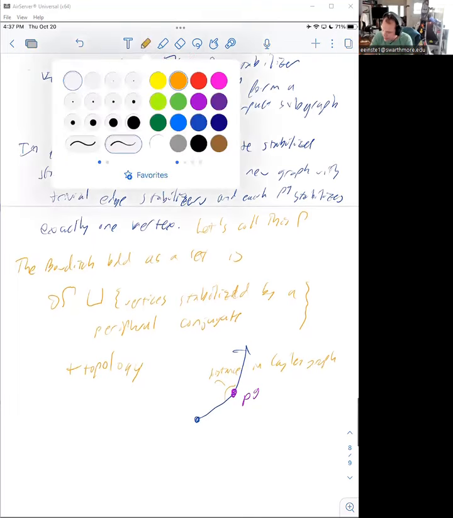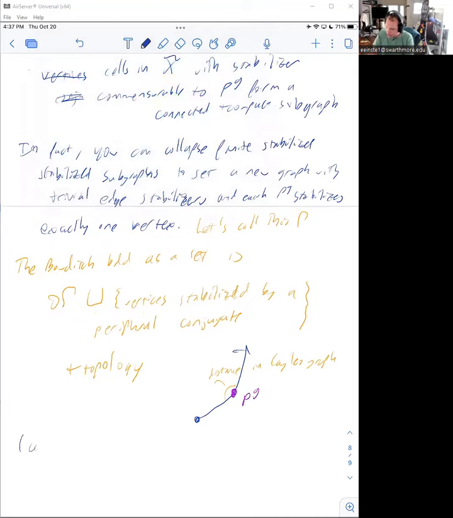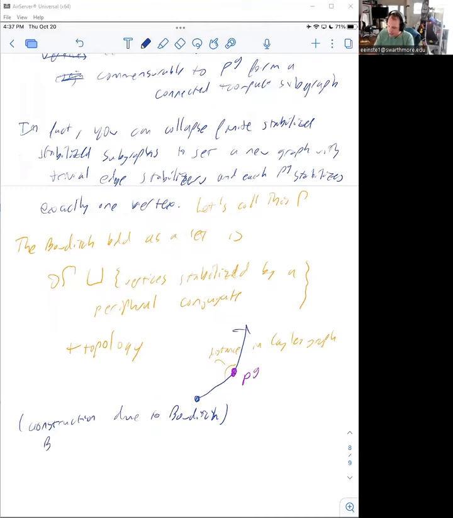I should say that this kind of construction is due to Bowditch. Basically, you can take this graph with this nice action. In particular, Bowditch also says that gamma is fine, which, if you know what that is, great. If not, don't worry about it.